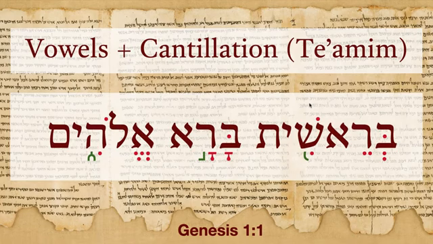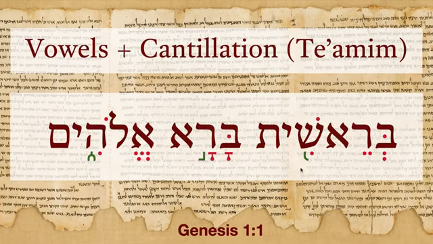But again, in the original, there are no vowels and no cantillation. These were added. Obviously, there was a tradition of speaking, so they knew how to pronounce. However, that was not documented. Only after about the 9th or 10th century, they were able to fully document. And the vowel pointing and cantillation that we are using is called Tiberian.